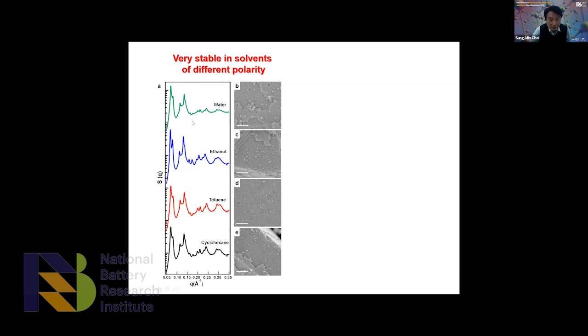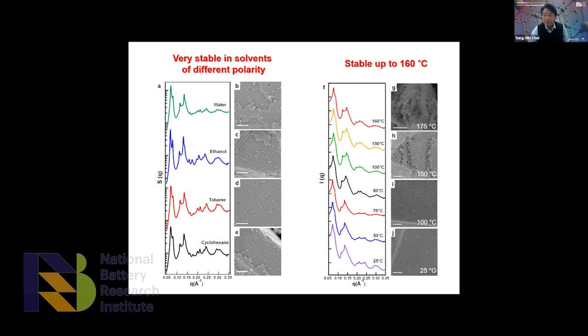In our case, they are very stable because our particles are connected through chemical covalent bonding, and also stable up to roughly 160 Celsius.